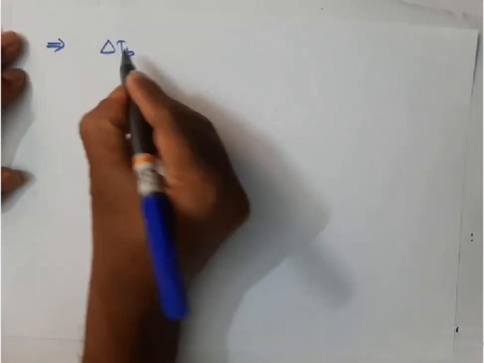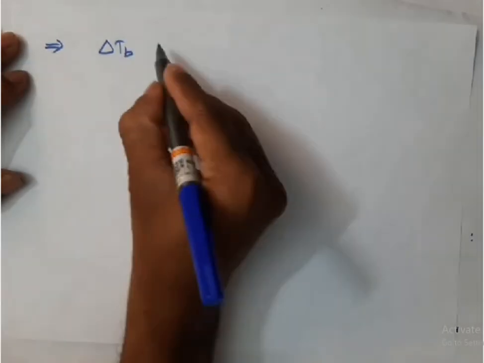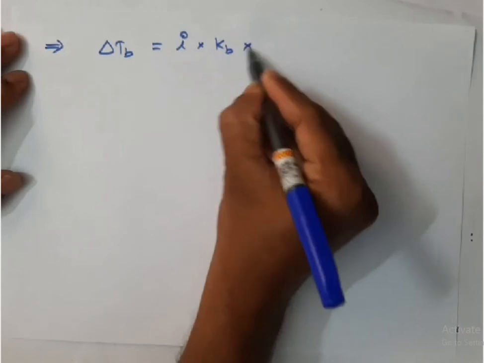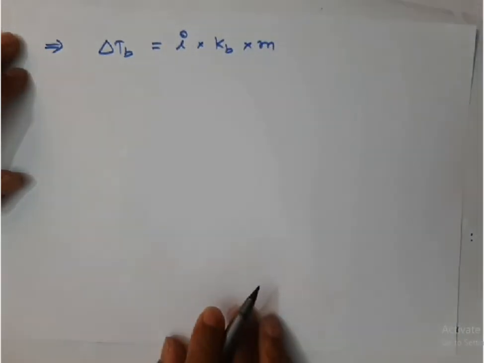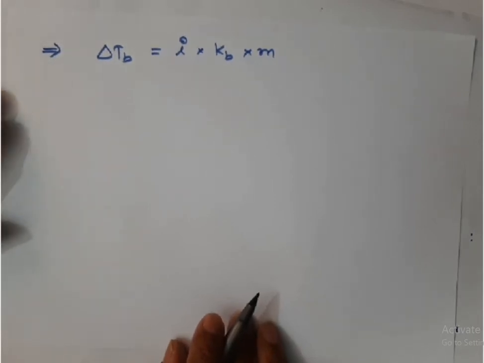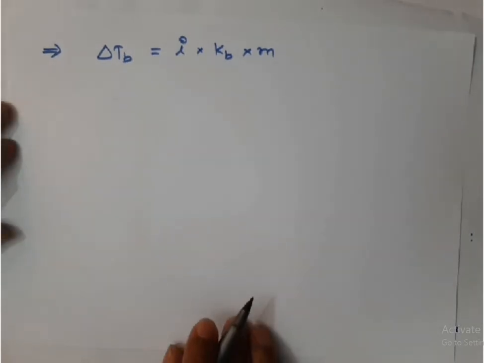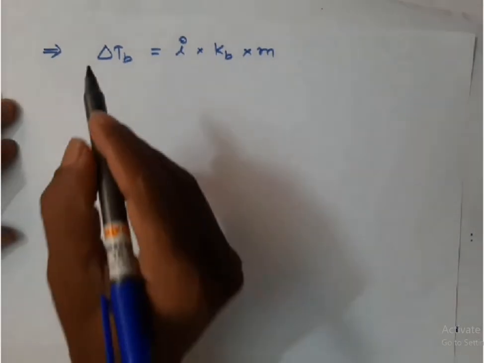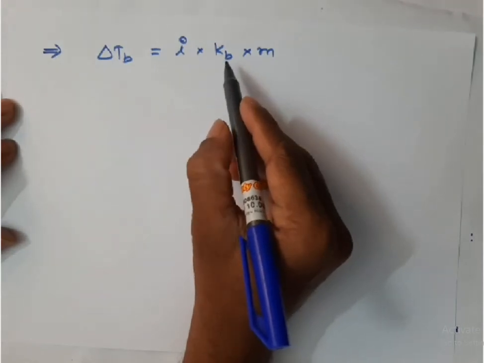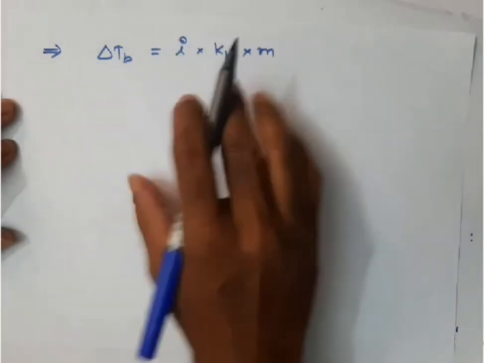Delta Tb, the elevation in boiling point, is equal to i into Kb into m. This is the expression. Observe this carefully. Suppose I give a few solutions.